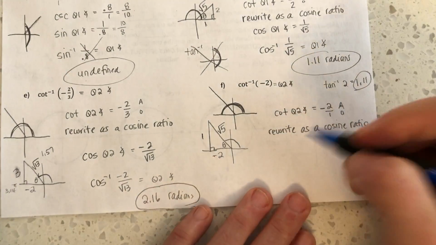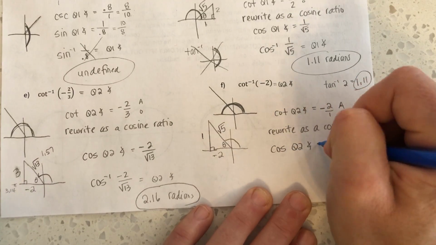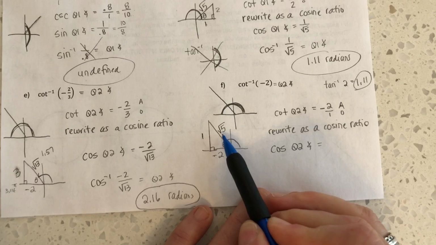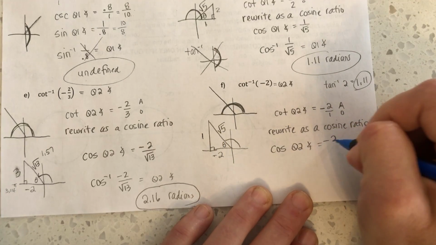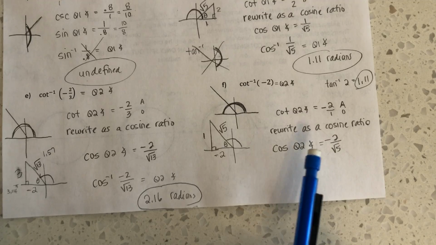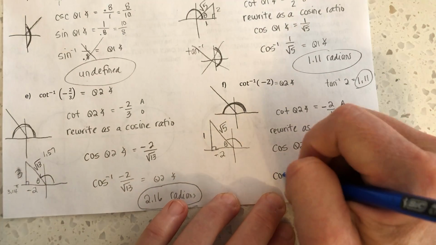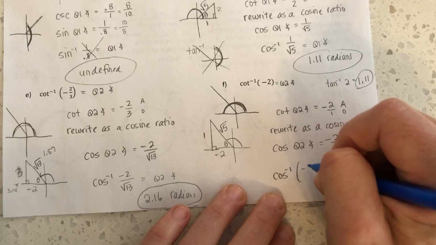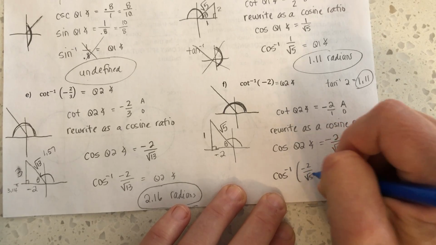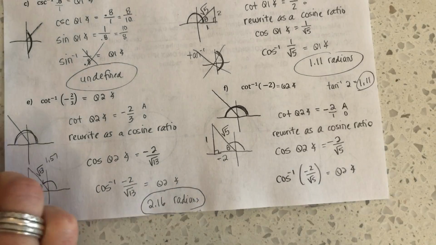All right, so get a cosine ratio. Right now, the cosine of this quadrant 2 angle is equal to A over H, negative 2 over root 5. So in order to figure out what angle this is, take the inverse cosine of that ratio. So the inverse cosine of negative 2 over root 5 is equal to what quadrant 2 angle? Well, let's find out.